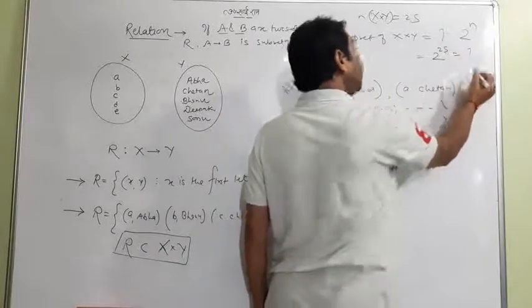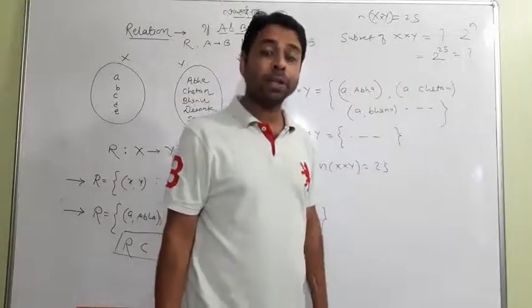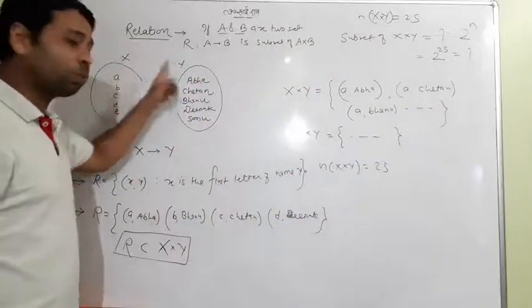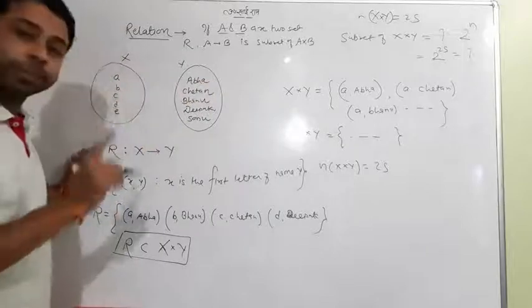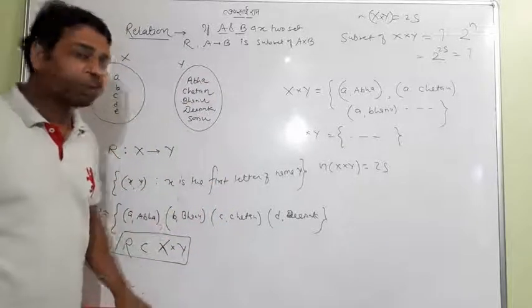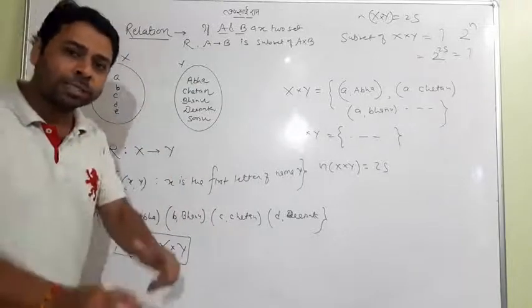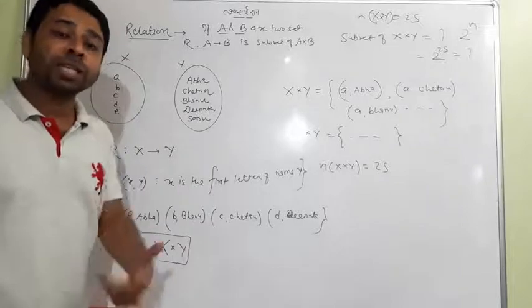This is unbelievable. We can't count 2 to the power 25, but that many relations you can create from set x to set y. I am just making one here. But if someone asks you how many relations you can create from x to y, you have a good answer: as many as the subsets of x cross y.